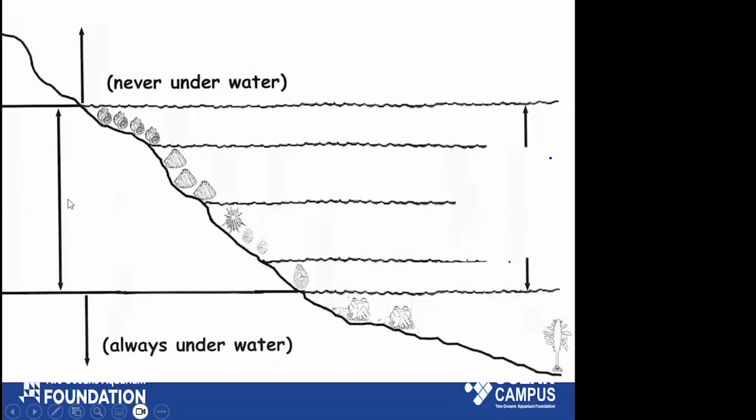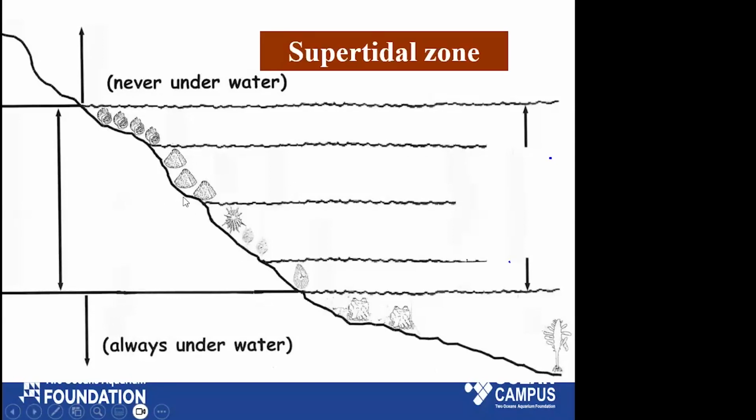So we can divide this environment into a number of zones based on the indicator species in those environments. So above the high water mark, that's referred to as the supertidal zone or the supratidal zone.